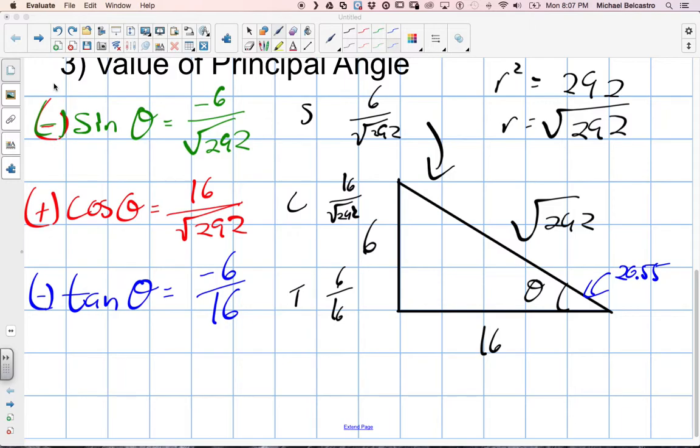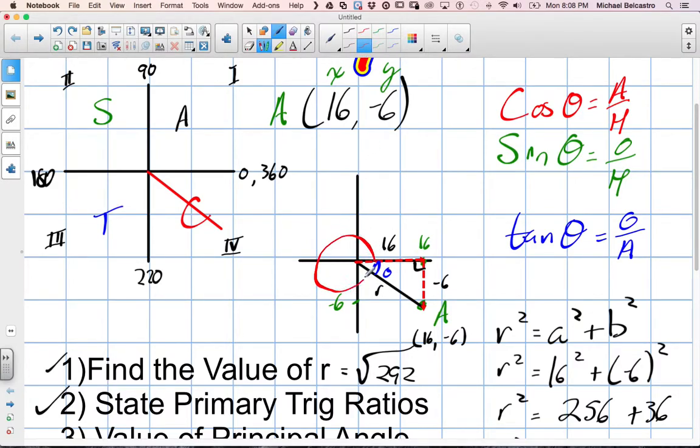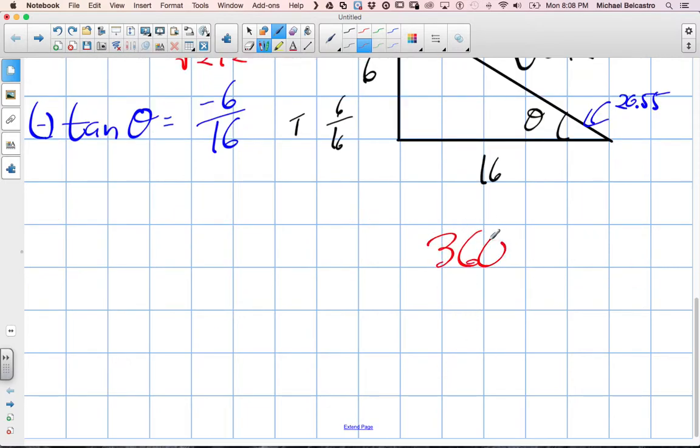Now, that's only the acute angle. We'll go back up here. That's only this acute angle we've got, but really the question is asking, what is this angle? Well, we know a full rotation is 360, so we're going to take that 360 degrees and subtract our 20.55 to figure out exactly what it is.